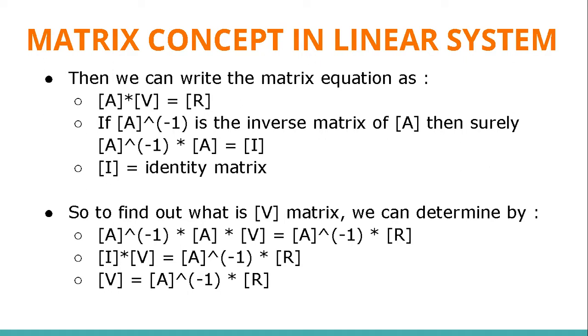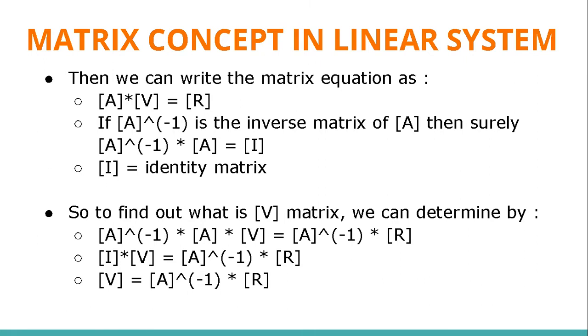By multiplying both the left and right sides with the inverse of A, and using the principle that the inverse of A times A itself is the identity matrix, and any matrix times the identity matrix results in that matrix itself, the left side becomes the identity matrix times V, which equals V. And on the right side, we just need to multiply A inverse times R.